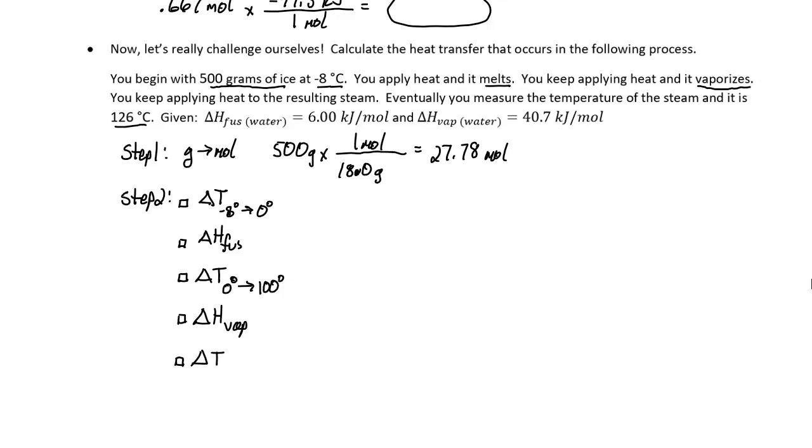So we're going to do another delta T when the temperature goes from 100 degrees up to the final temperature of 126 degrees. Let's tackle all 5 of these stages, and then at the end we can add it all together to get the total. All right, heat transfer during temperature change uses this formula.